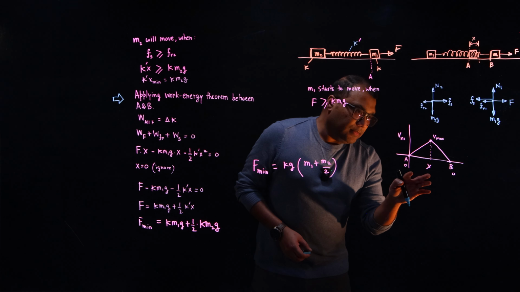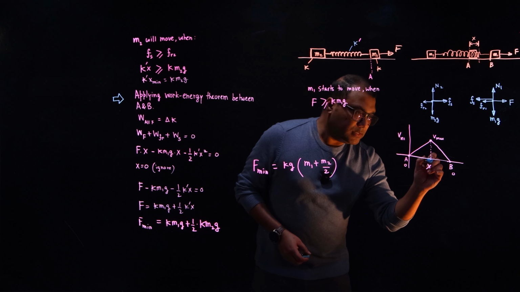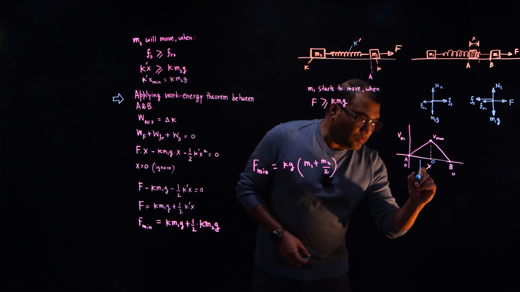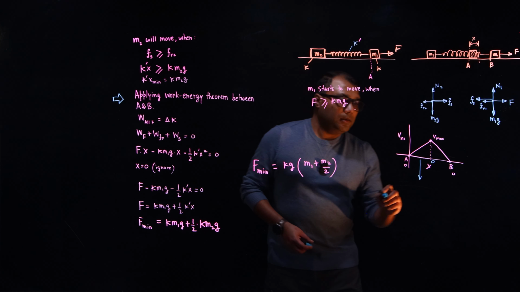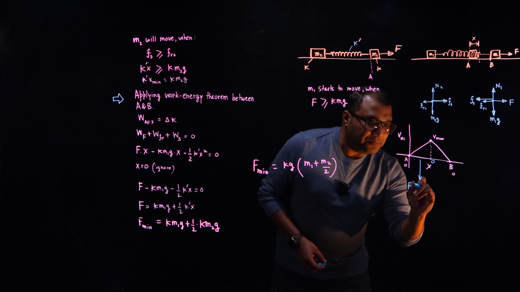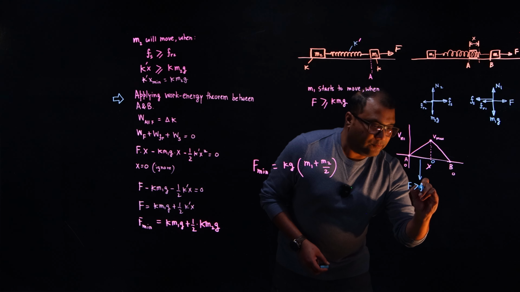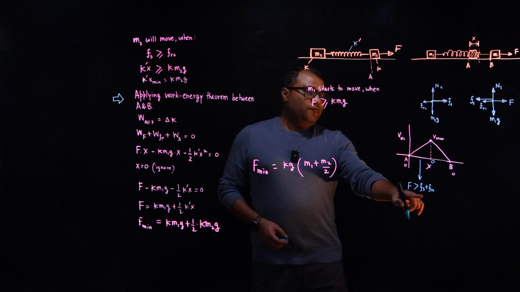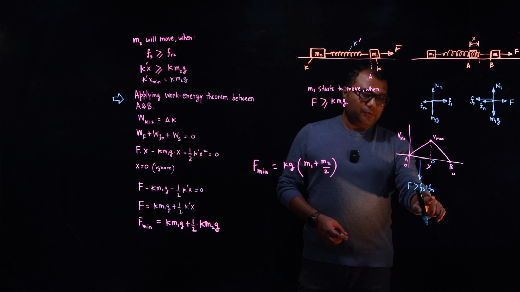See, between these two points, let's say this is O, between A and O, what is happening is the force F is greater than Fs plus Fr1, the spring force plus the friction force.